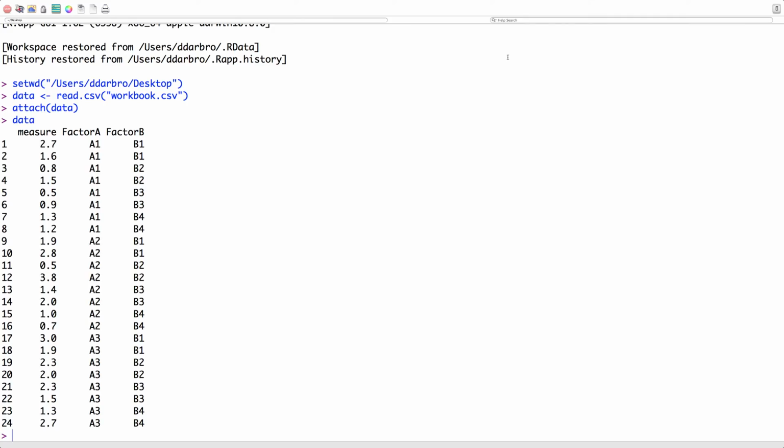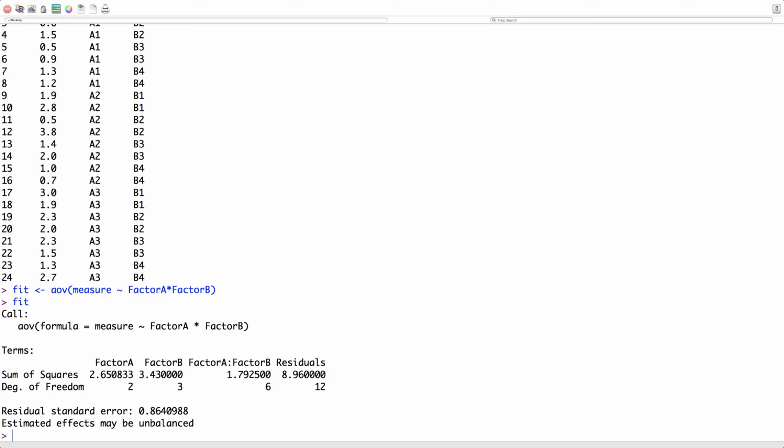What I'm going to do here is run the ANOVA, and I'm going to call this just my fit, and I'm going to run AOV of my measure over factor A cross factor B. Now this is going to give me my interaction along with the main effects. So hypotheses 1 and 2 deal with the main effects, and hypothesis number 3 deals with the interaction.